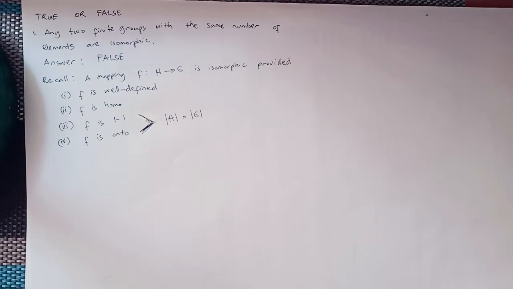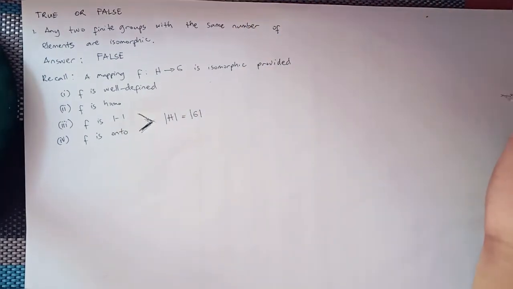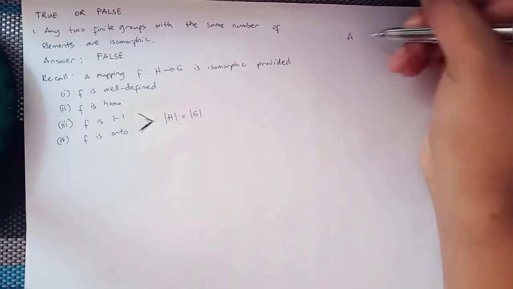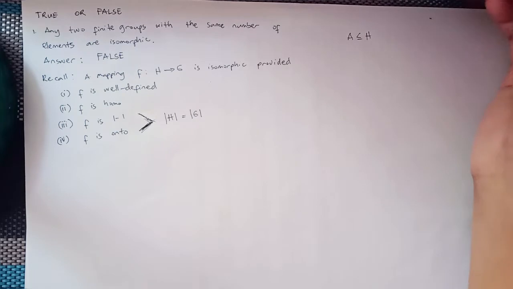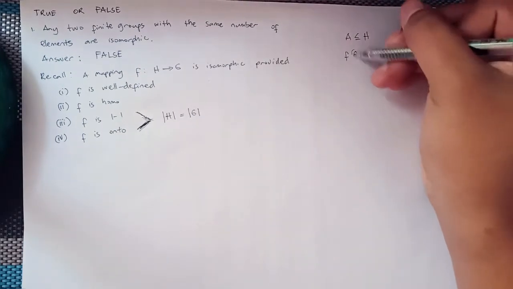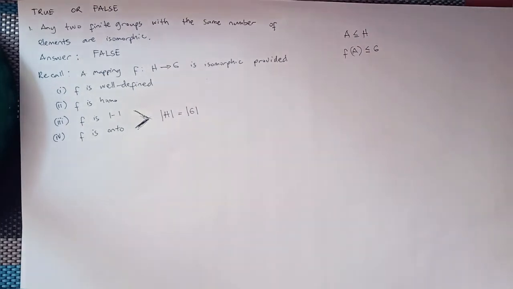And to show this, the best way to disprove this statement is to show some counterexamples. So the idea here is if we have a mapping f from H to J, if A is a subgroup of H in the domain, then f of A must also be a subgroup of J in the image.